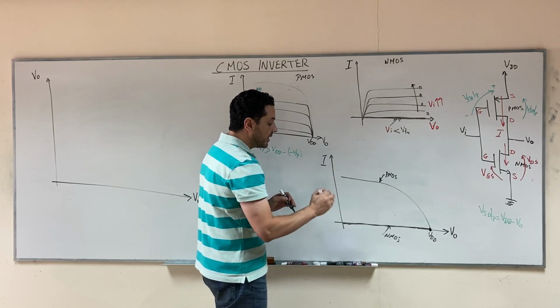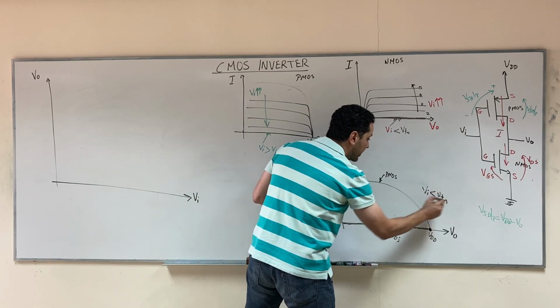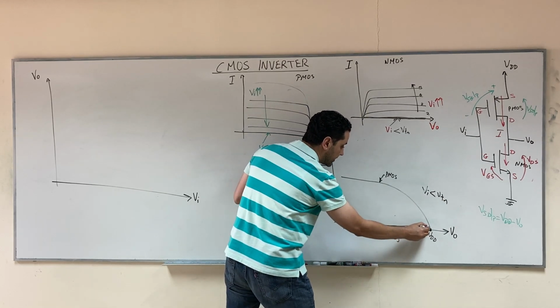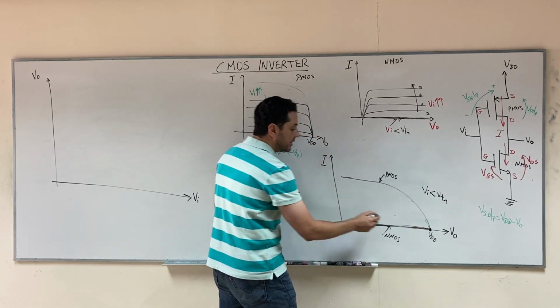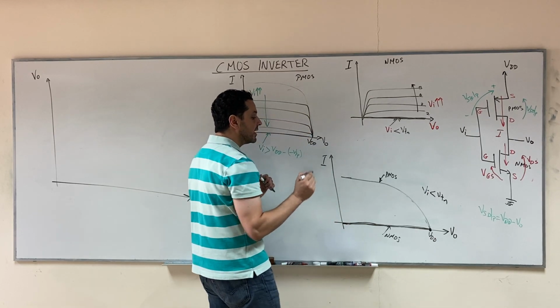So here as V input is less than V threshold, the NMOS wants to operate on a zero curve, while the PMOS wants to operate on a high curve. The only point that satisfies both of them is the intersection point, which is VDD.